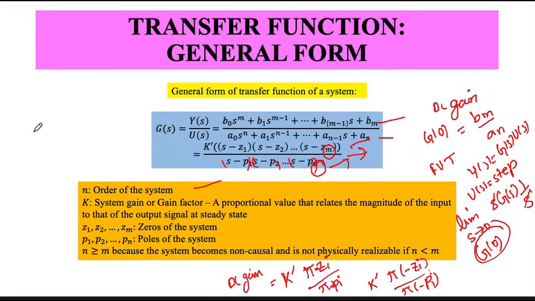For example, I have a system G(s) = (s square plus 1) by (s plus 1), and this is a non-causal system. This is also not physically realizable by any known component. You could also look at it this way: if I try to compute the inverse of this, (s square plus 1) by (s plus 1), it will not exist.